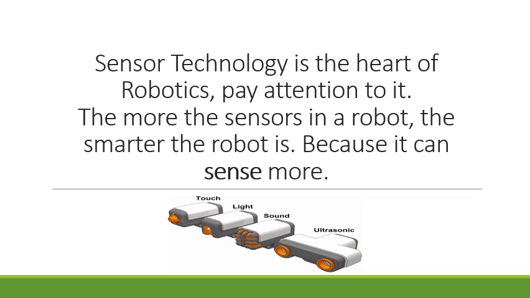It senses the amount of light falling on it. Then sound, it senses sound. Once it senses sound, it sends a signal to the Arduino. Then the ultrasonic sensor sends out sound and receives sound. It can be used as a proximity sensor. You can use it to calculate distance.